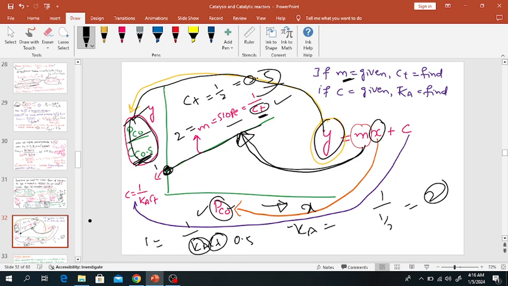And this is the y-intercept. From this we can get C_t, the total concentration of active sites. We can also obtain the adsorption equilibrium constant.